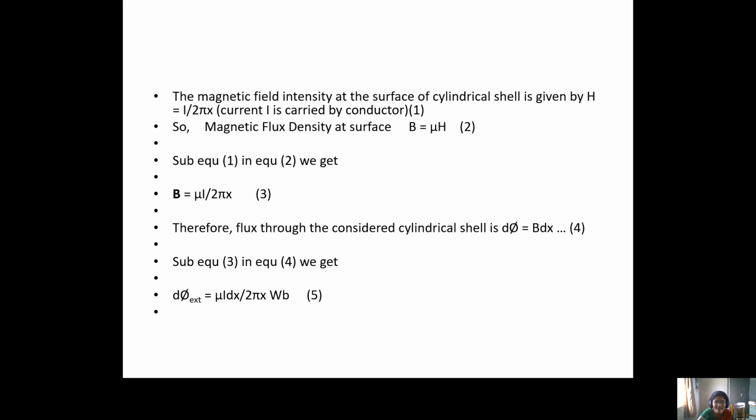Therefore the flux considered in the cylindrical shell is dφ equal to B dx. In the place of B, you substitute equation number 3, that is μI by 2πx. Then φ external equal to μI dx by 2πx Webers.